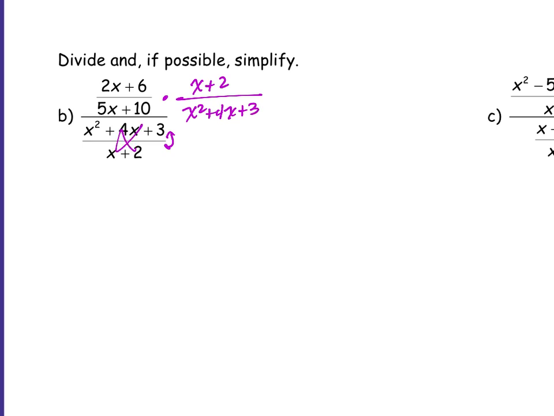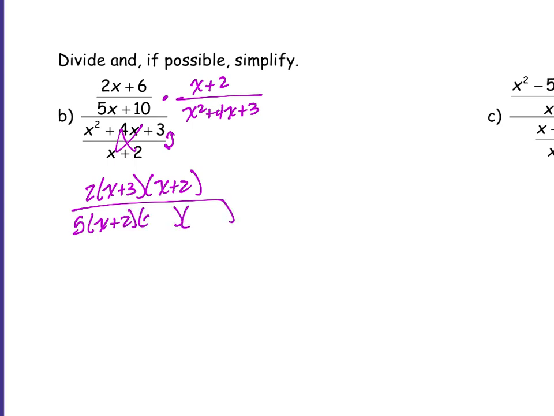And so if I factor, I've got 2 times x plus 3 times x plus 2 all over 5 times x plus 2 times x plus 3 times x plus 1. And then I've got the x plus 3s and the x plus 2s cancel. So my answer should be 2 over 5 times x plus 1.